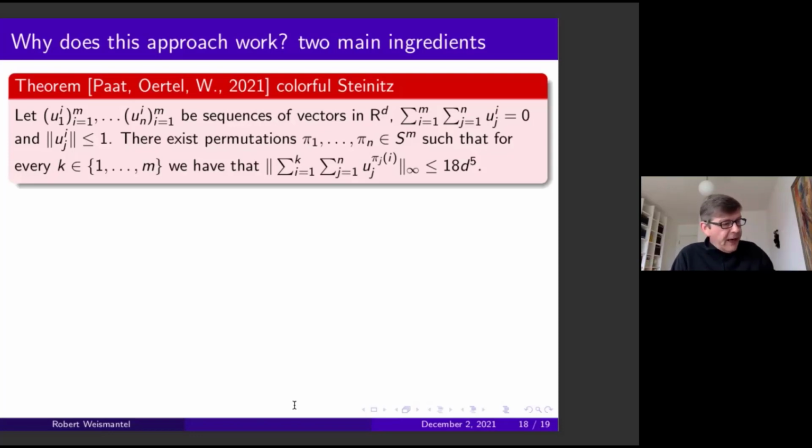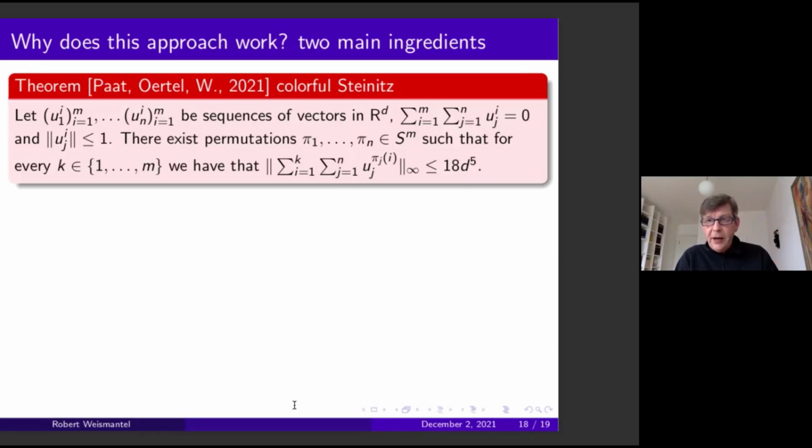And this is the key engine which allows us to show a proximity theorem. By the way, that's joint work with Joe, Pat, and Tim Oertel. So the infinity norm between the LP optimal point and the IP optimum point is now in the FPT order of n to the minimum of T0 plus 2 and S0.